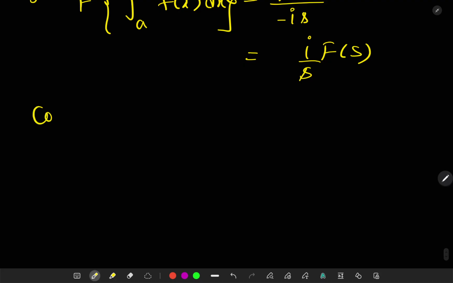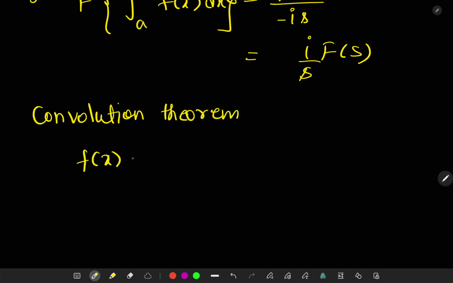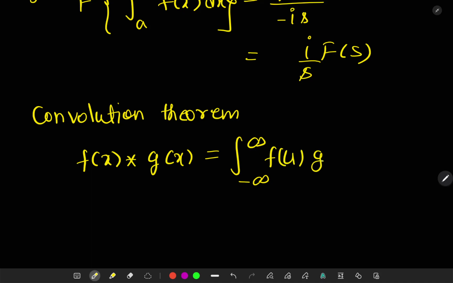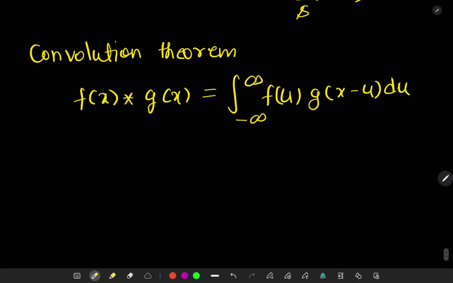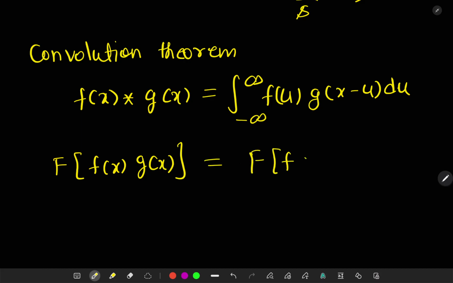Now convolution theorem. f of x into g of x equals to integral minus infinity to plus infinity f of u g of x minus u du. Here, if we take Fourier transform of f of x g of x, it equals to Fourier transform of f of x into Fourier transform of g of x.